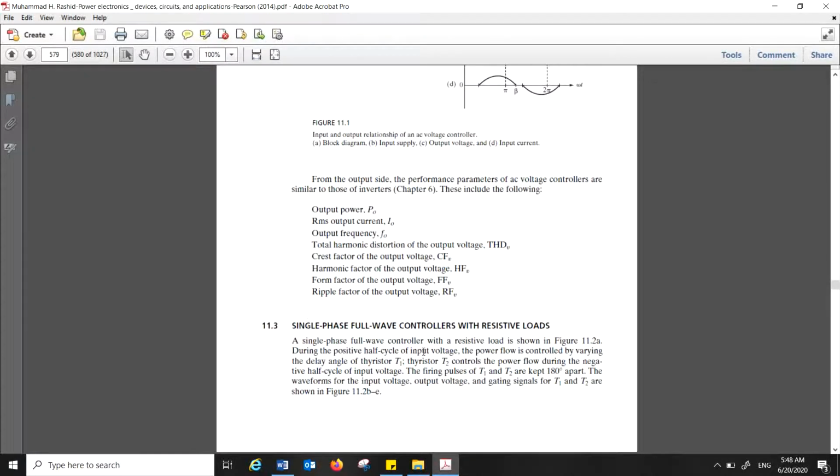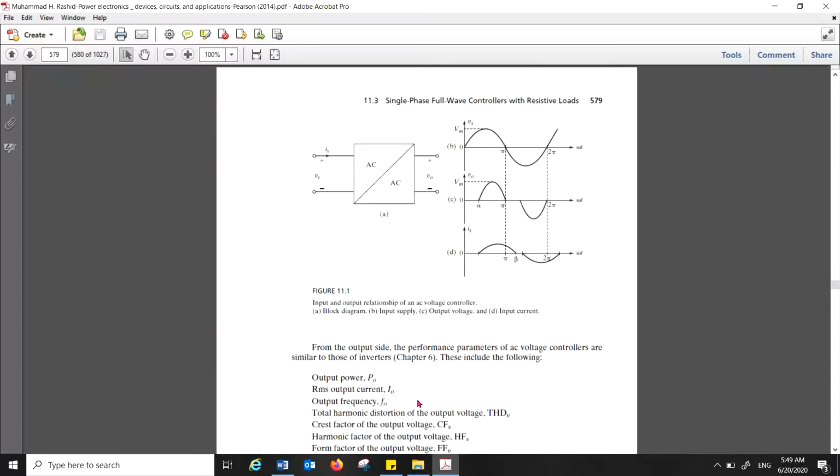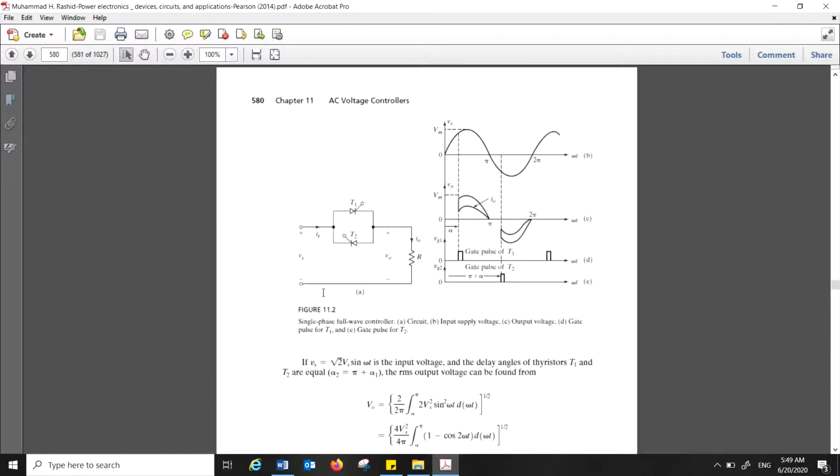During the positive half cycle of the input voltage, power flow is controlled by varying the delay angle of thyristor T1. T1 is responsible for the conduction of the positive half cycle, and we can control the flow.